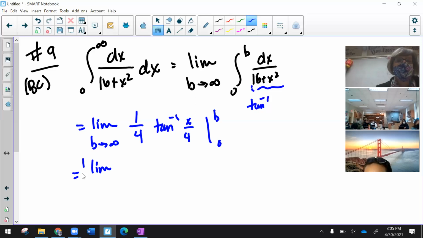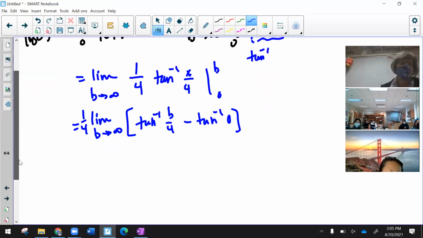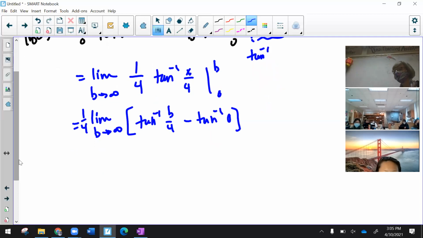So that gives me, I'm going to put my 1/4 out front. My limit as b goes to infinity of the inverse tangent of b/4 minus the inverse tangent of 0. So remember, what does inverse tangent mean?